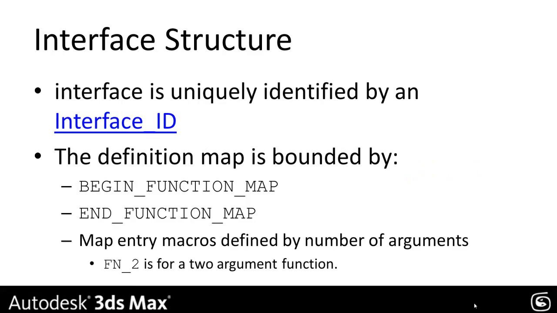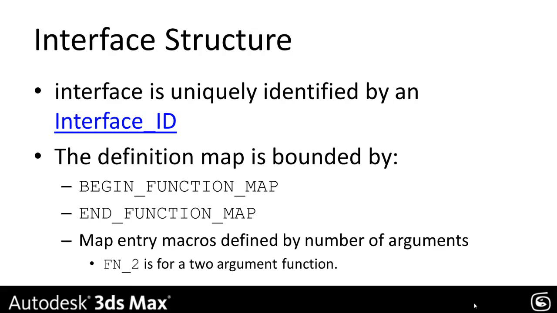So the interface structure is basically you need to identify it uniquely by an interface ID. And this is very similar to a class ID, it's just got a different type associated with it. And the definition itself is bounded by a map. So there's a begin function and an end function, and those are macros that will then generate the actual code that allows us to work.